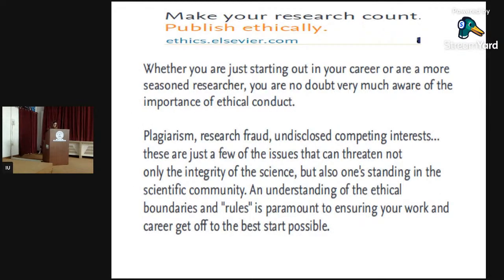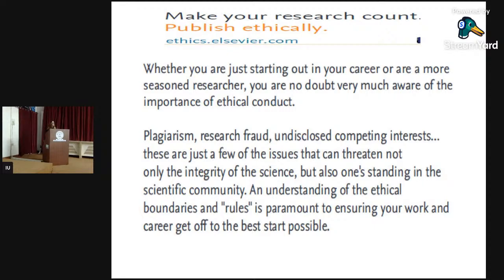So the short of the long story is that we have a set of guidelines that we have to adhere to while designing our work, while executing our work, while monitoring the data, while analyzing it, and finally publication. Now the question arises, why do we need to publish ethically?